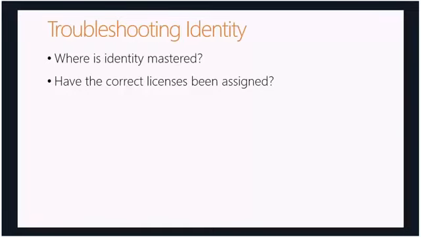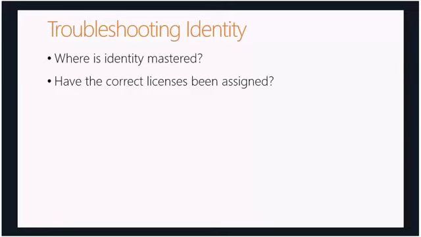So again, when you get people who can't access services or something's unavailable, make sure that you go in and check that user to ensure that they have the correct licenses and they have been assigned. So make sure that the license is obviously valid. It hasn't expired. Again, remember that licenses typically need to be renewed on a 12-month scheme.